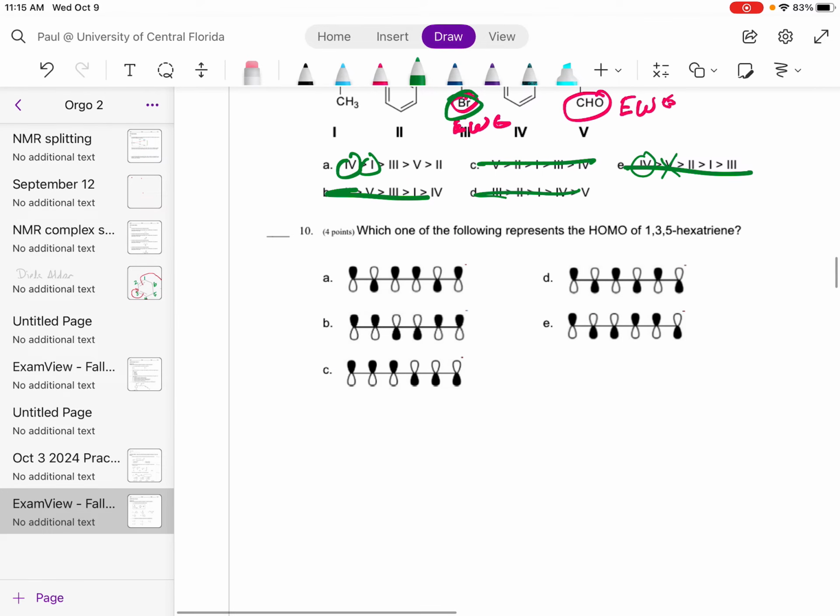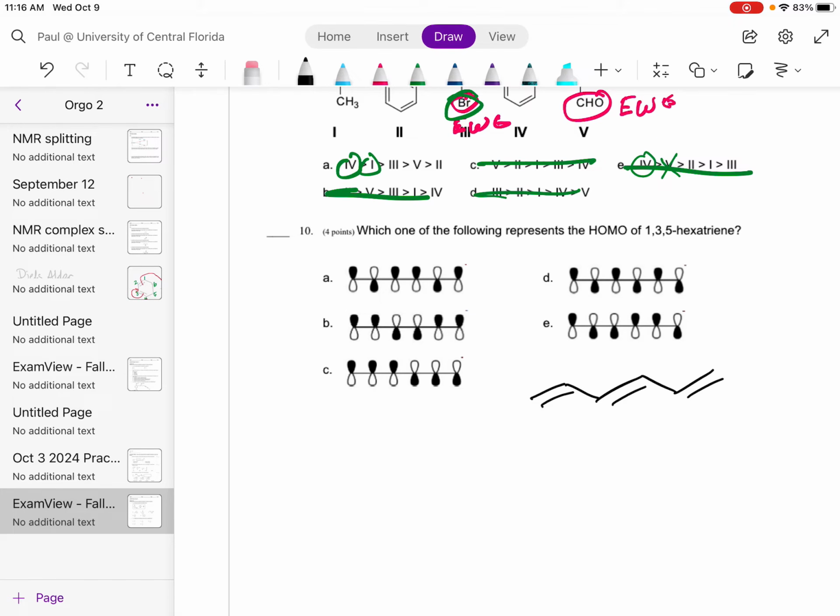Okay, question 10. Which of the following represents the HOMO of the 1,3,5 hexatriene? What does hexatriene look like? Looks like this. Okay. There's 6 atoms in a conjugated system. That doesn't look very nice. There we go.